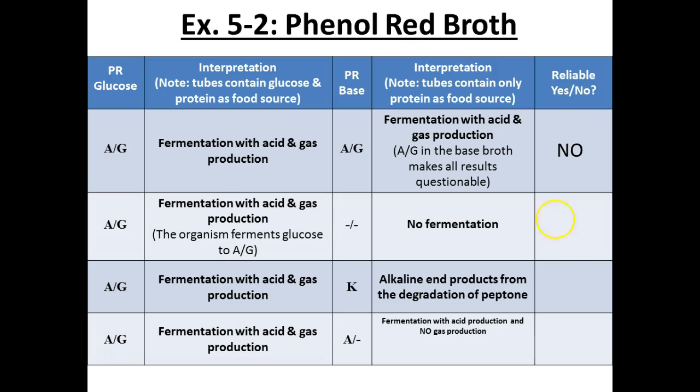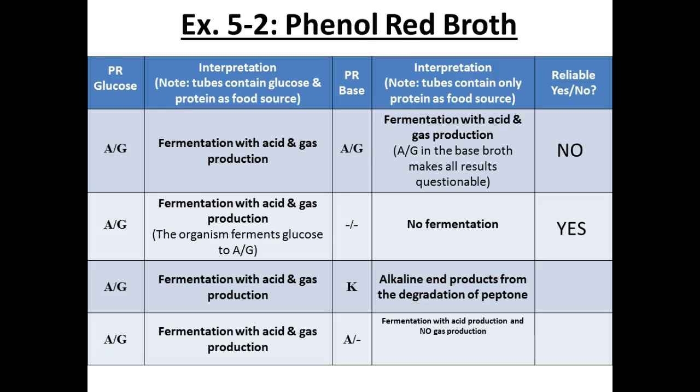Could they choose to do nothing at all? Yeah. They could die, not create any color change, and you end up with an orange tube. Could they eat the sugar, ferment it, produce gas, and then in a protein-only environment, go ahead and eat that protein? Absolutely, right?